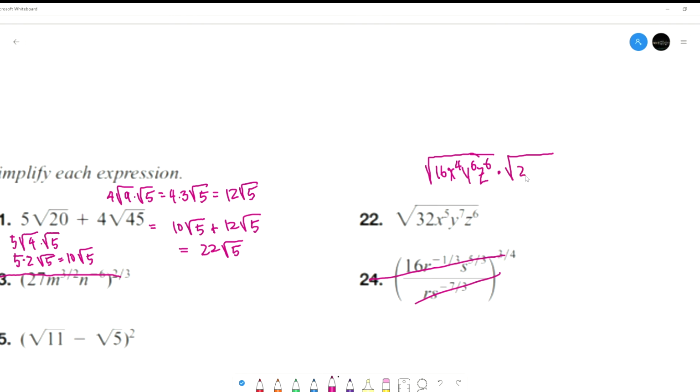That's 2xy. So the radical becomes 4x squared, y cubed, z cubed, and then radical of the remaining factors, 2xy.